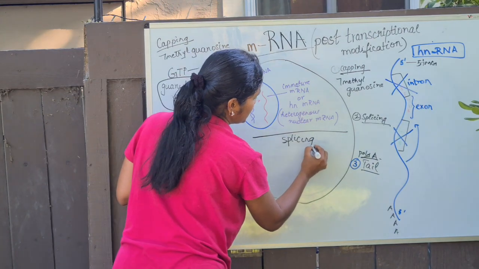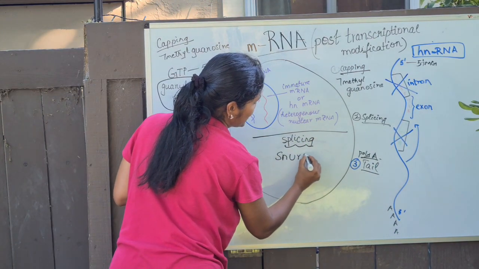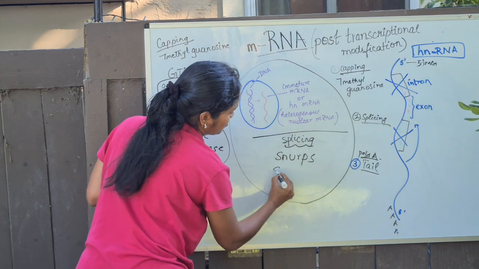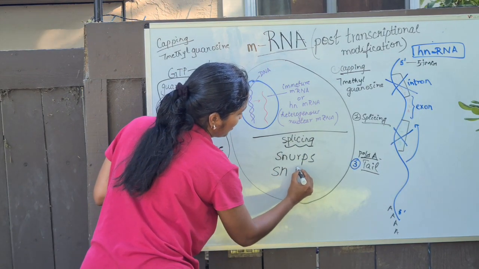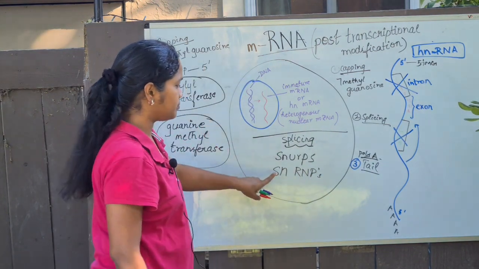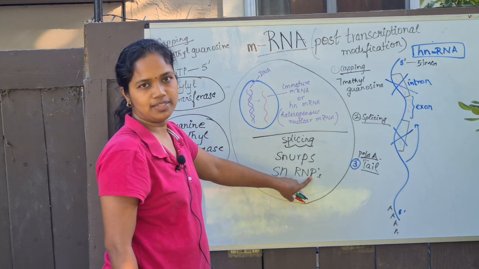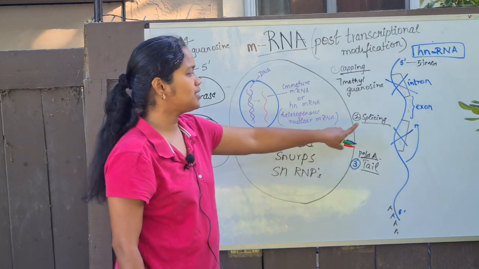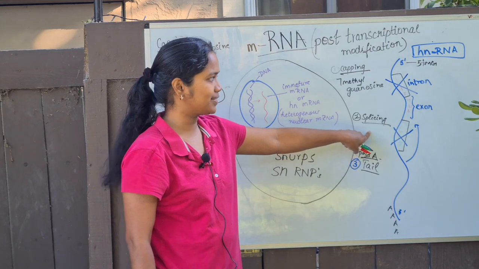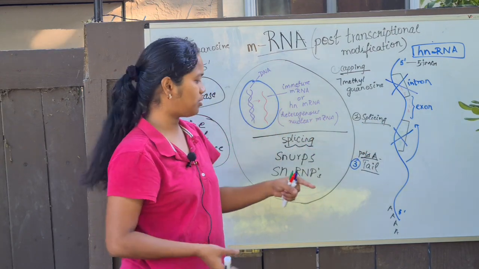Splicing happens by snRNPs, that is nothing but small ribonucleoproteins. Small ribonucleoproteins are responsible for splicing. Okay, that is the removal of the introns and having all exons side by side.